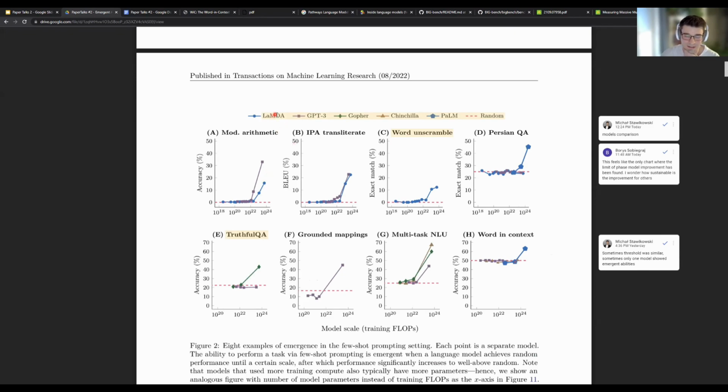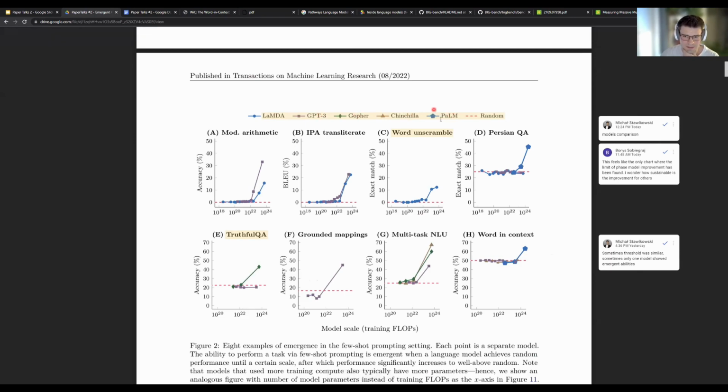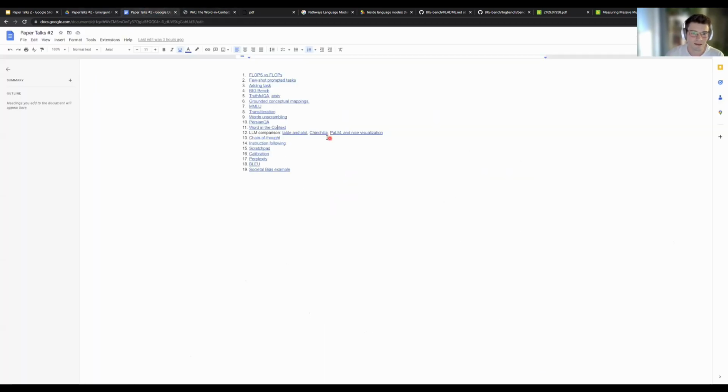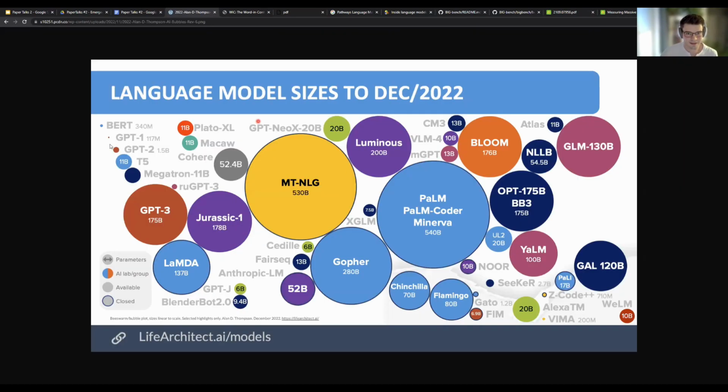Here are these 5 different models: Lambda, GPT-3, Gopher, Chinchilla, and Palm. I think the Palm is the newest one and the biggest one, but Chinchilla is the smallest and uses a lot more data, and actually performs similar to these bigger models. And I can also show how they compare to each other, because here is one plot.